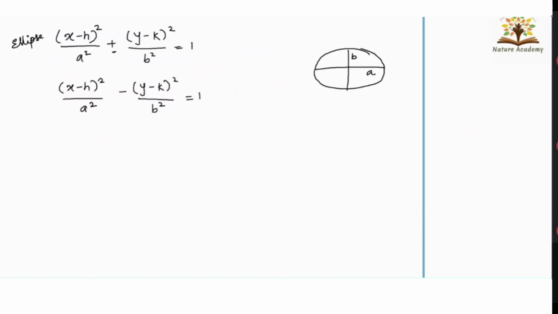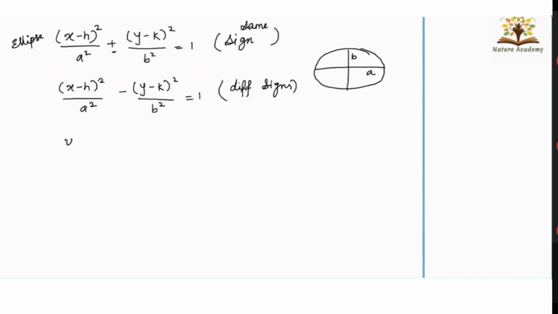In the ellipse, your x and y will have the same sign. Either they both may be plus or they both may be minus. So then that equation will be for an ellipse. Here x and y will have different signs. Either one of them may have plus and the other one may have minus.